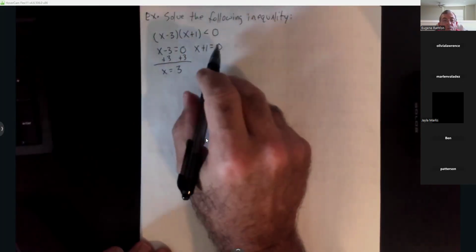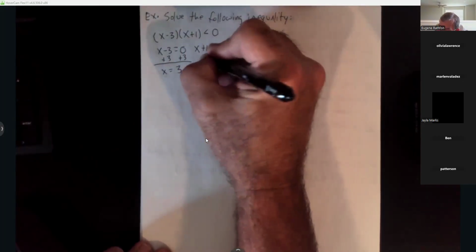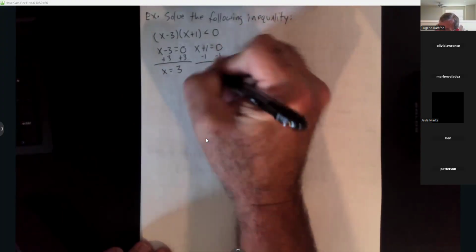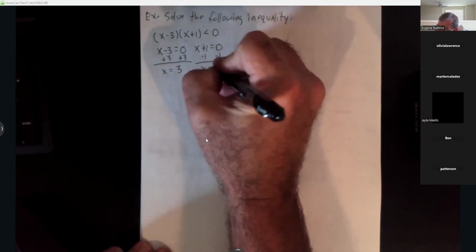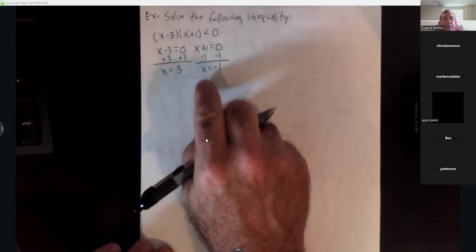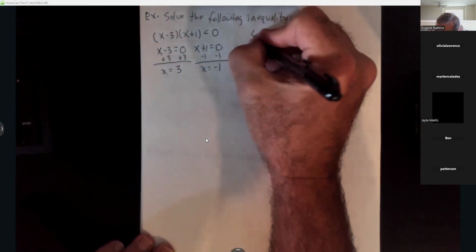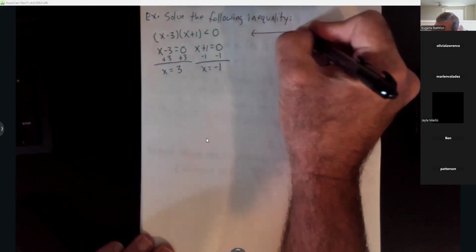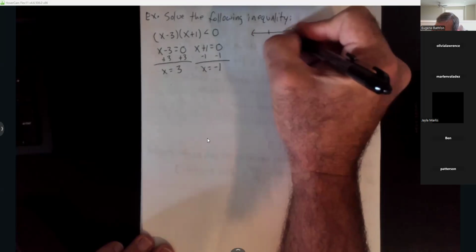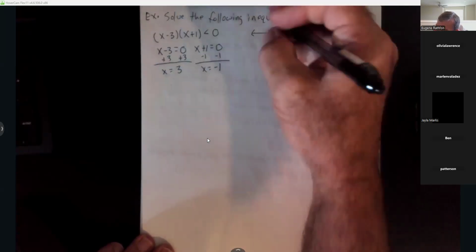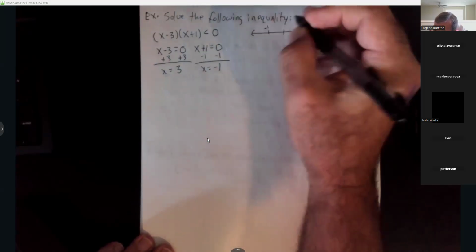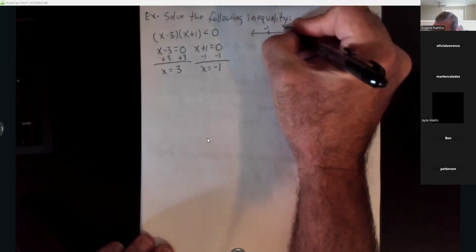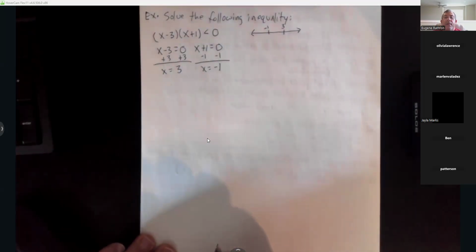You get x equals 3. Here you would subtract 1 and get x equals -1. So I said you're going to set up a number line. So I'm going to go in order. So -1 would be here, and then 3 would be here.